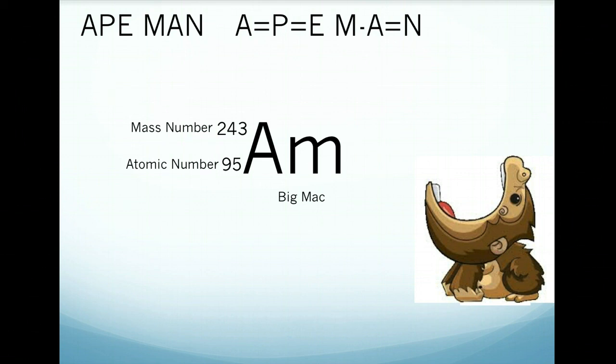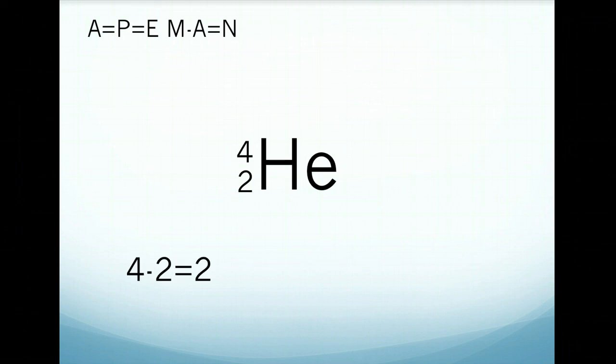So let's look at that applied. Let's look at helium. Helium has a mass number of 4, an atomic number of 2, and we get that from the periodic table. Okay, so if we apply this concept of ape man, we can see that the 4, which is the mass number, subtract the 2, which is the atomic number, and that's going to give us the number of neutrons.